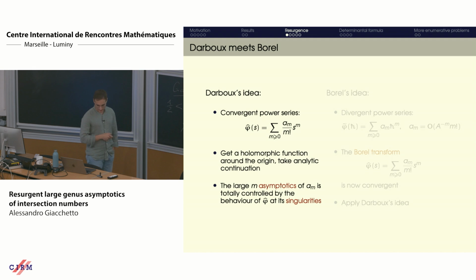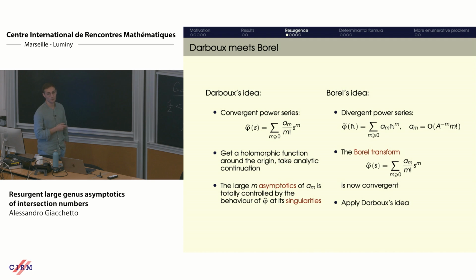And the idea of Darboux is that if you want to compute the large n asymptotics of these coefficients, this is totally controlled by the behavior of the analytic continuation of this function at the singularities. So I will give more details in the next slide, but let me first explain the idea of Borel.